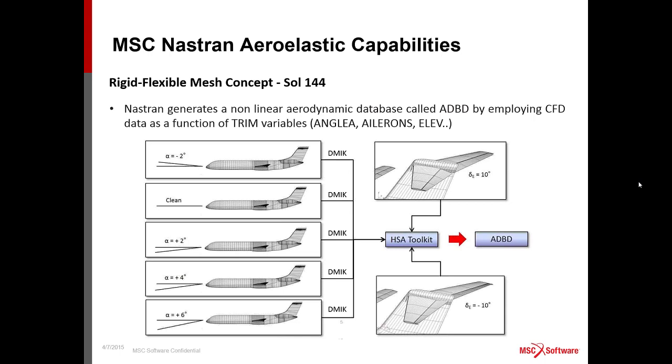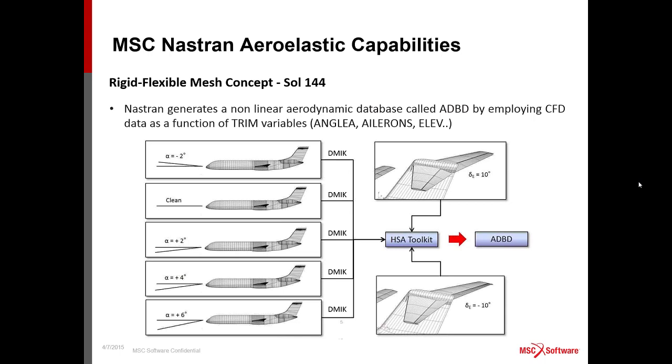So how does it work? Mainly Nastran generates, as I told you, a nonlinear aerodynamic database that is called ADB, and Nastran uses the CFD data to do it. Okay, so this means, for example, that you have performed some CFD calculations at different flight configurations, for example, at an angle of attack of 0, -2, +2, +4, and even from different elevator configurations.